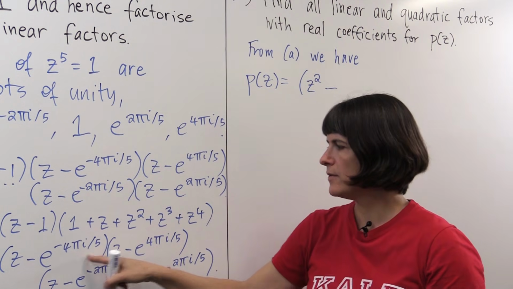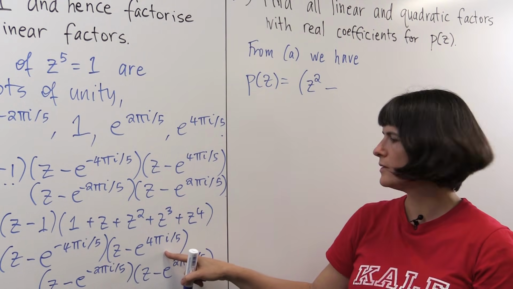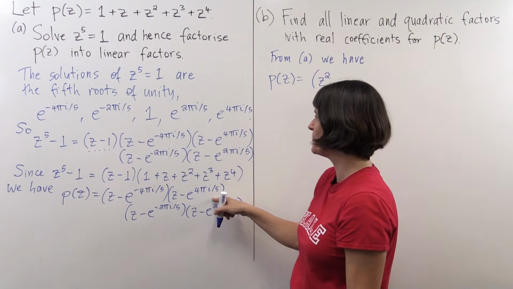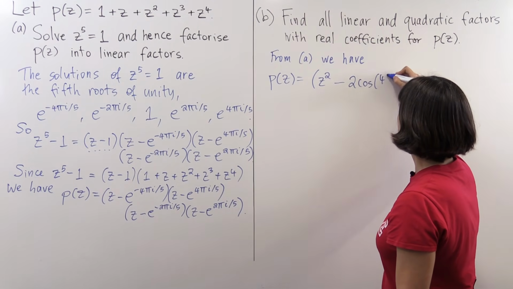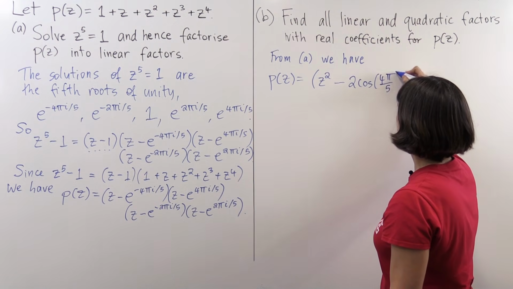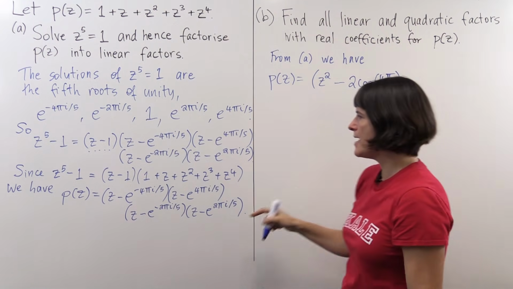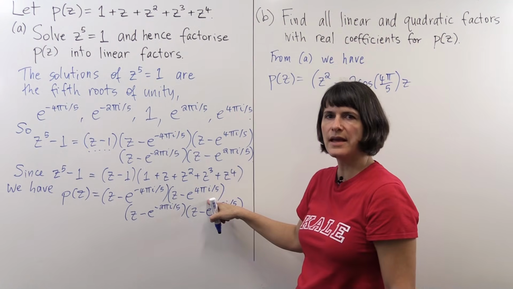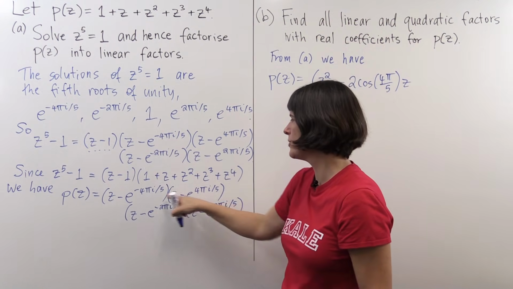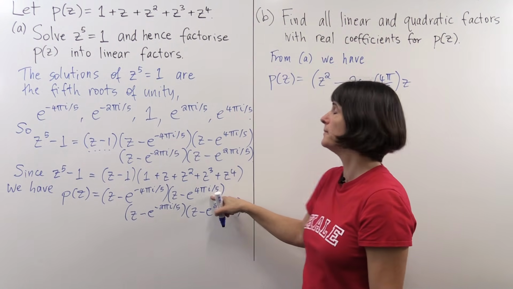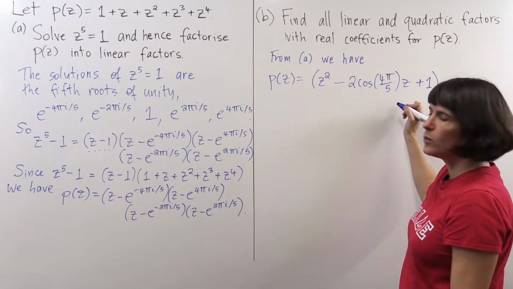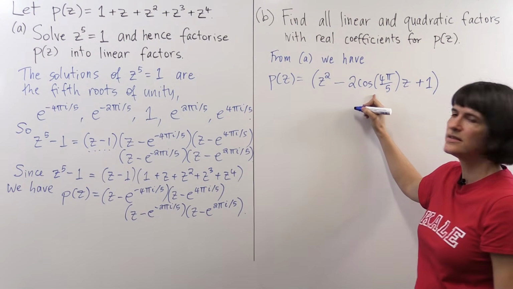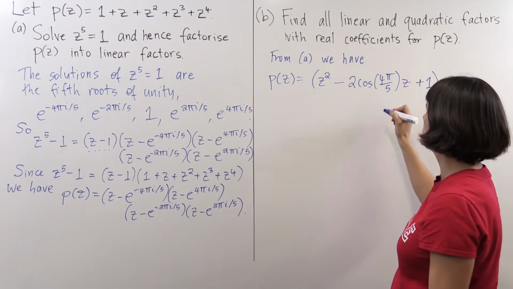And we know the sum of these two roots is going to be 2 cos 4 pi on 5. Let's write it down and get it right. That's the linear coefficient. And when you multiply these two roots together, that'll give you the constant coefficient of the product of these two, and that's just going to be 1. So that's our first quadratic factor, and this is a real number. So that's a real factor.